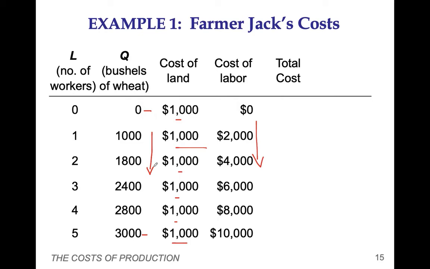Okay, so here we have the cost of land that does not change according to the change in the output. It is always $1,000, but the cost of labor changes according to the change in the level of output.